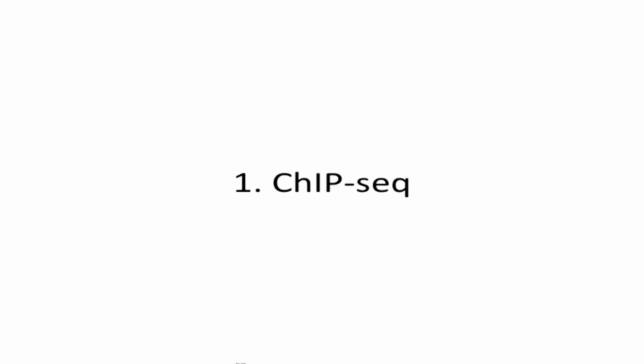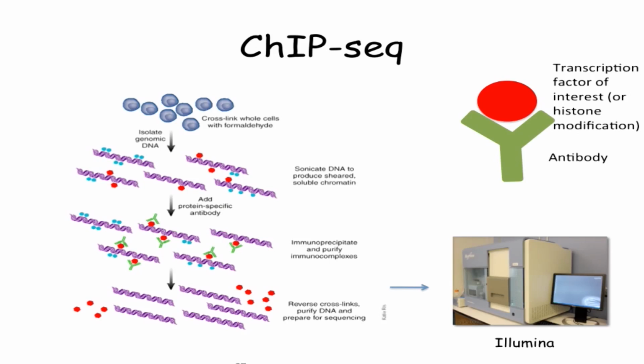So the first thing is ChIP-seq experiment design, and how, again, people do ChIP-seq in the lab. We had a quick introduction about ChIP-seq a couple of days ago. I do want to give you a few more details.